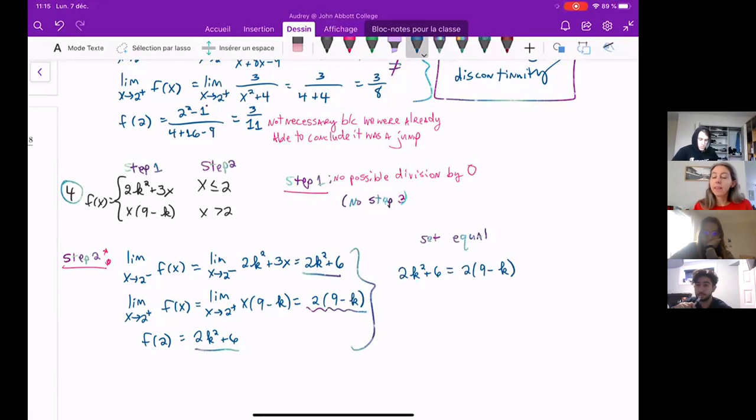Okay, and then I want to solve this thing. So again, this k squared right here, the fact that I have the k squared term and the k term means that I need to get them all to one side equal to 0 and factor.